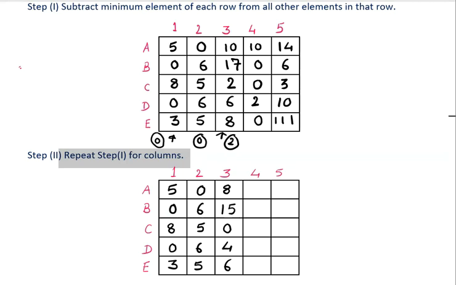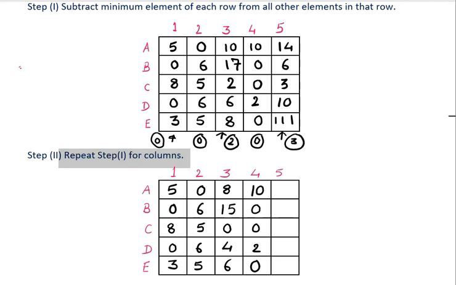Fourth column, the smallest number is 0. Subtracting 0 will not change the numbers, so the fourth column remains as it is, 10, 0, 0, 2, 0. Last column, the smallest entry in the fifth column is 3.